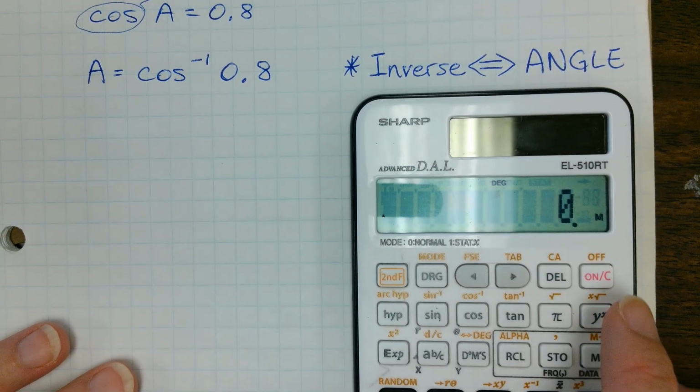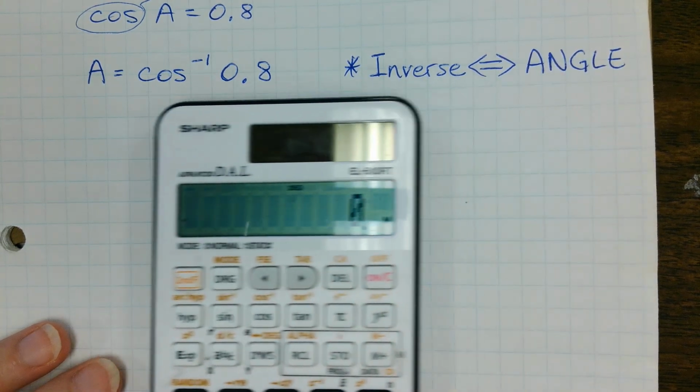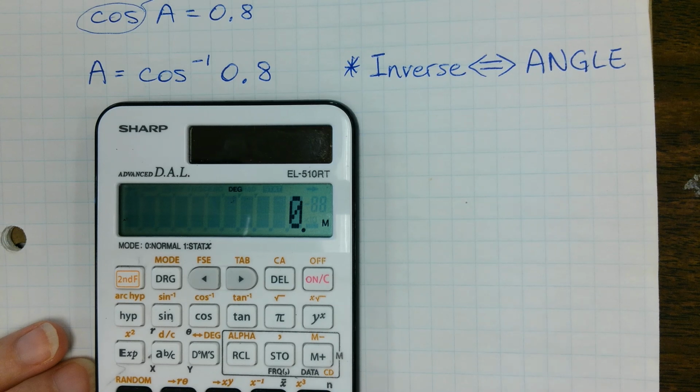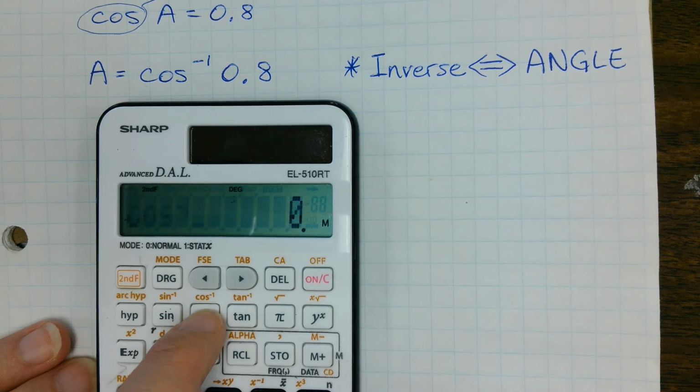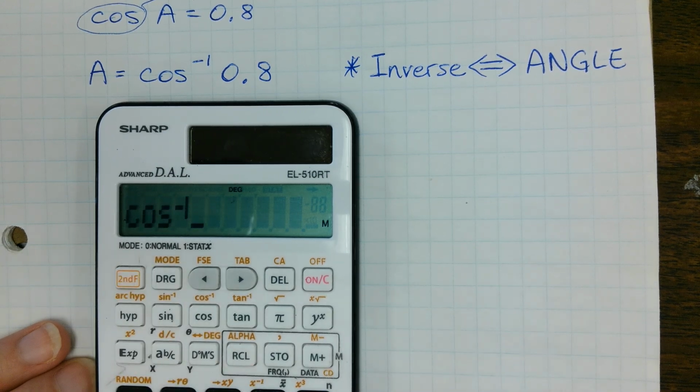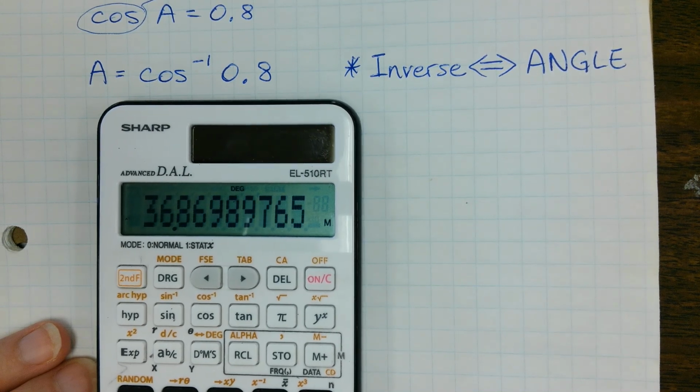So how do I get this on my calculator? Yeah, you press that shift or second button, and then press that, you'll get the cosine inverse. And then you press 0.8, and you will get this.